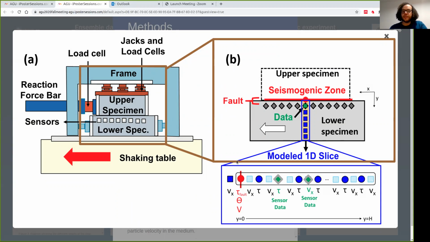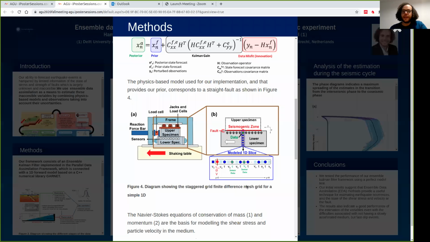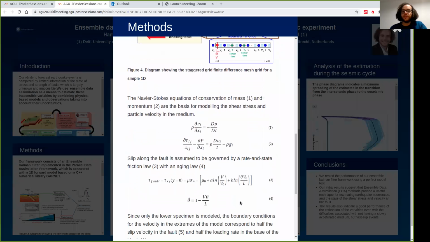We consider as our hidden states or unobservable variables the shear stress, the slip velocity, and also the state theta on the fault. And then we extract as synthetic observations values of velocity and of shear stress at a given depth away from the fault. We consider that the medium surrounding the fault is homogeneous and elastic, and we model it using Navier-Stokes equations.